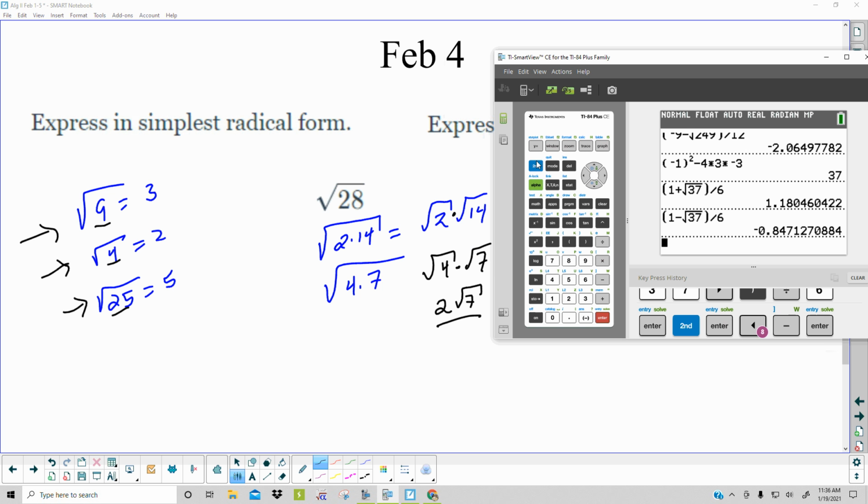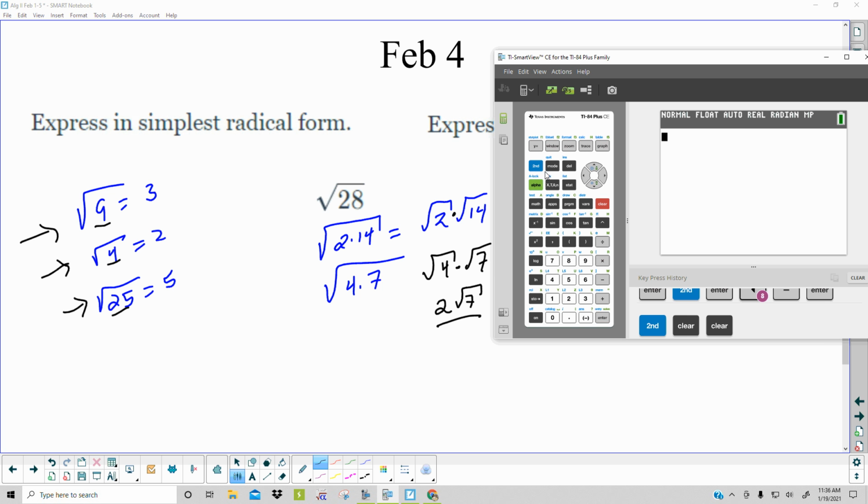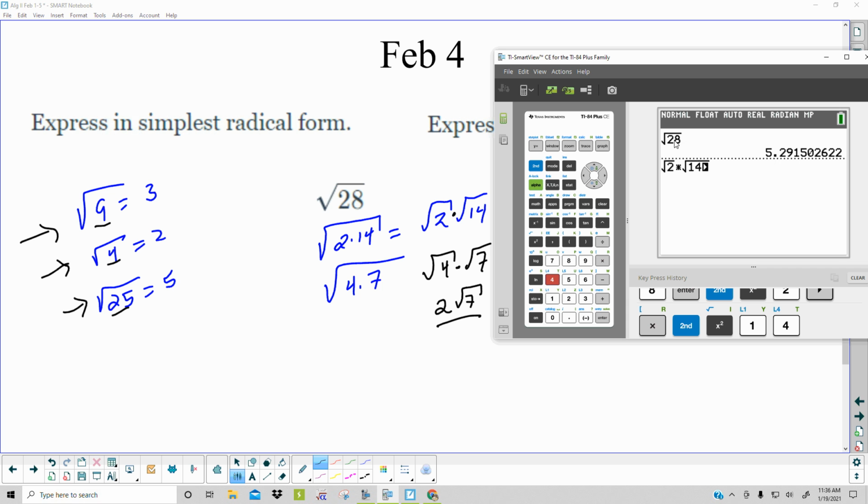So the square root of 28, let's look at that one. Let me clear this up first. Square root of 28 is that decimal. Now I said this product is still worth the square root of 28. So the square root of 2 times the square root of 14. When I hit enter, if it's the same as the square root of 28, it should give you the same decimal. And it does.